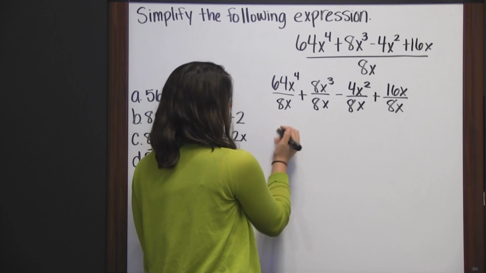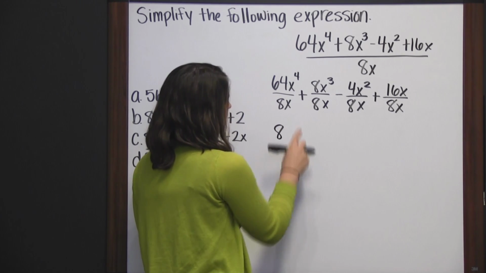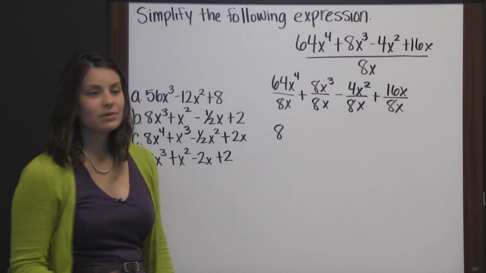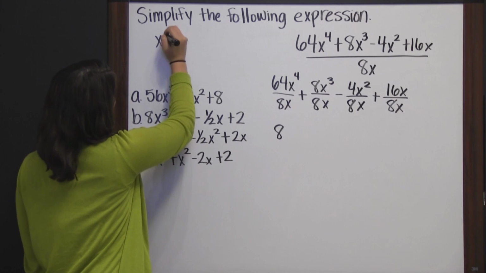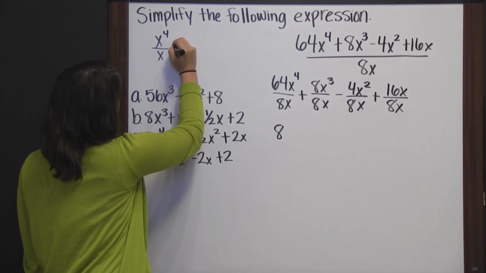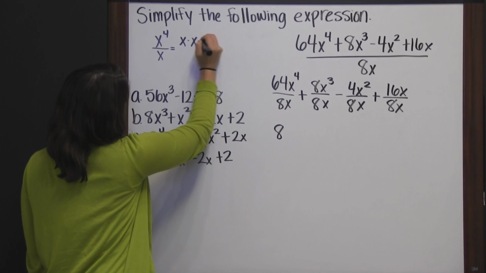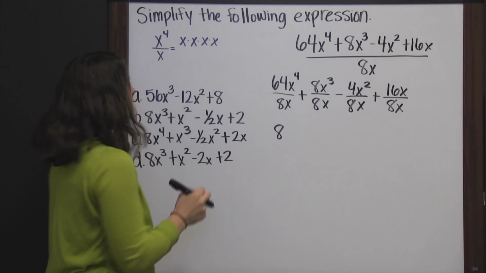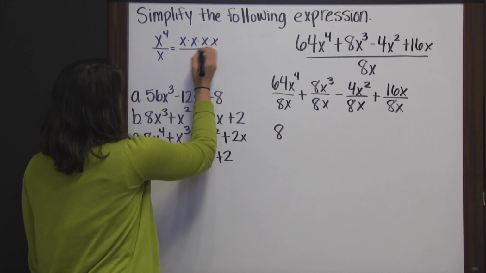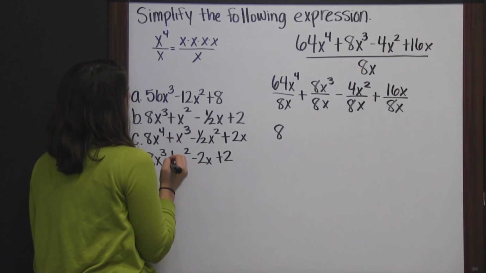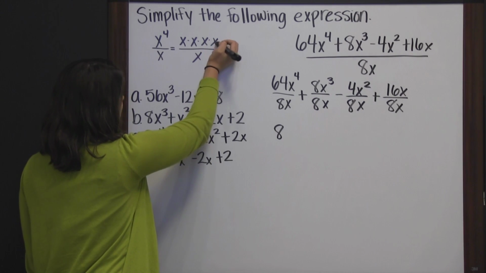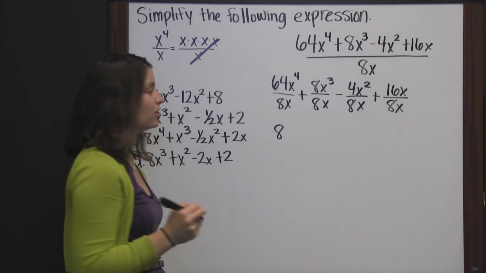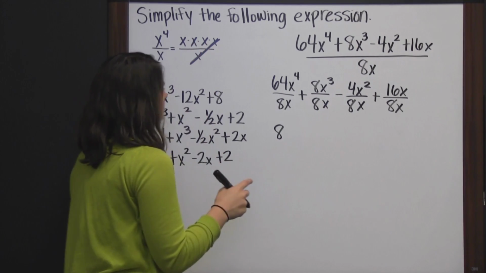64 divided by 8 is 8. And x to the 4th divided by x, well, let's see what that looks like. X to the 4th is x times x times x times x, divided by x. X divided by x is 1, so those cancel, and what you're left with is x cubed.